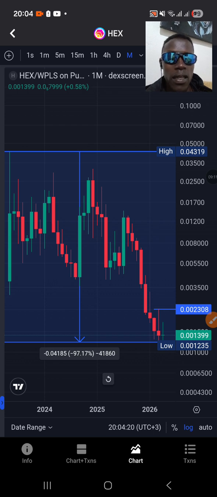That is a very big drawdown that has happened. This is what is happening. And this asset, actually, is very undervalued right now. And we are going to see how it is going to perform in the coming days, in the coming months, because it has a lot of potential.